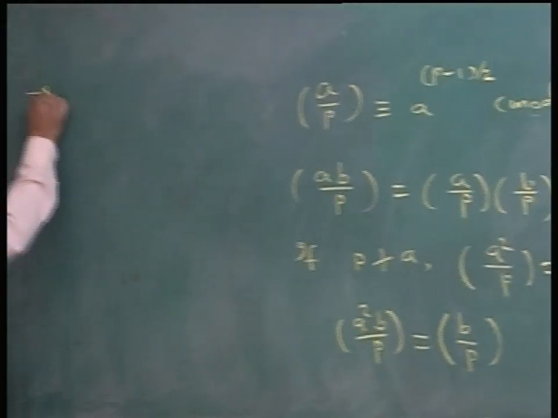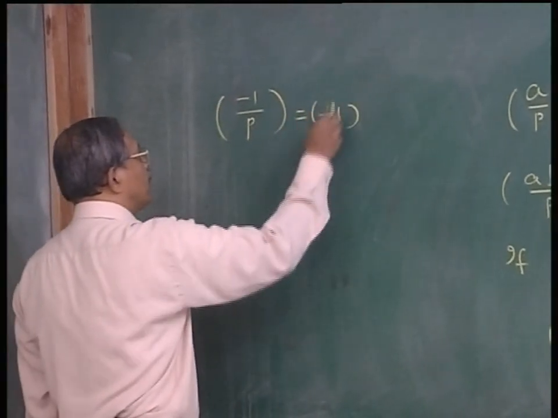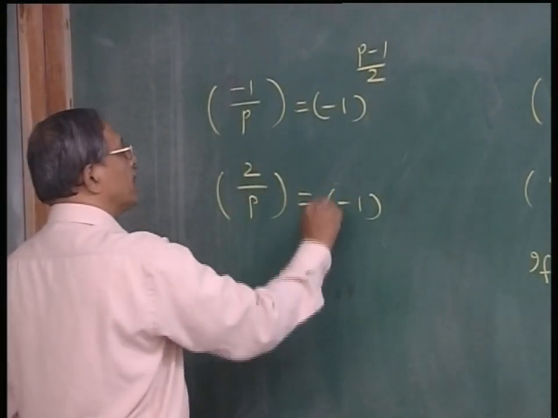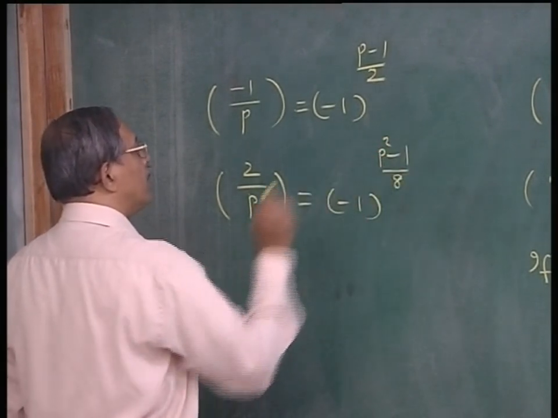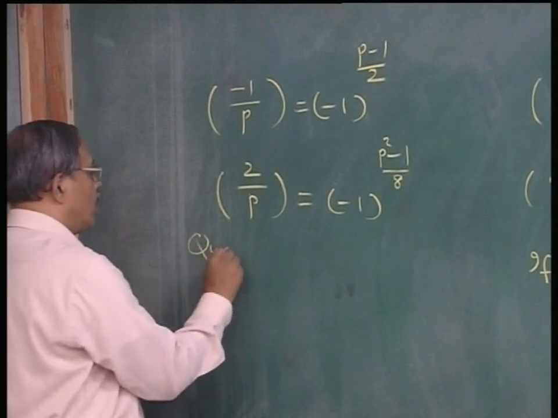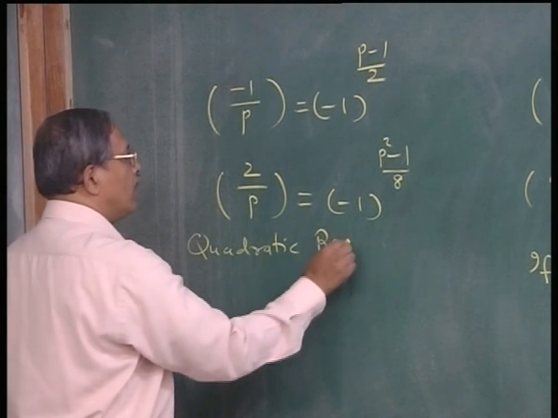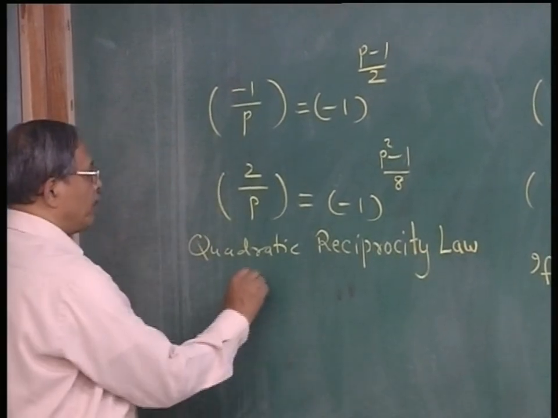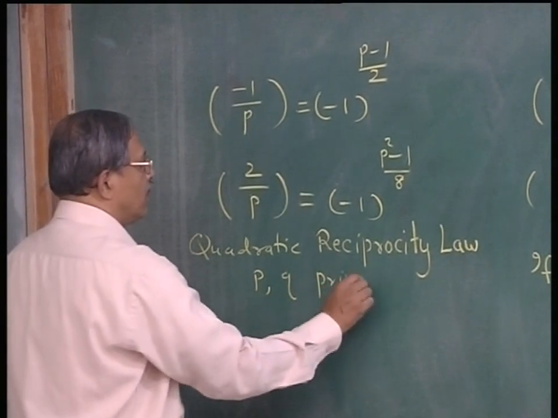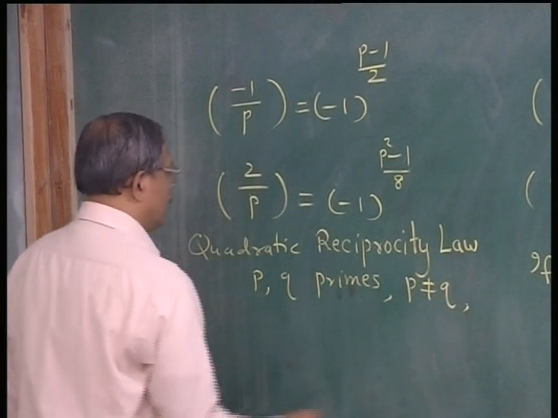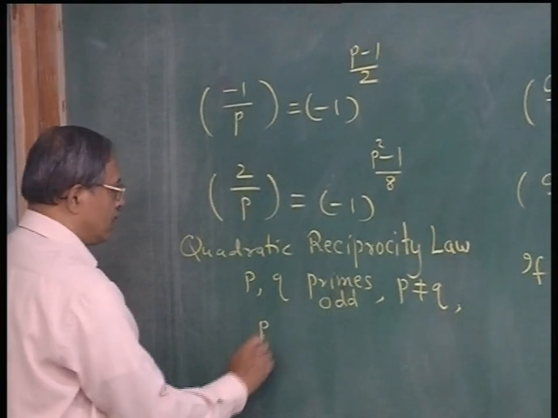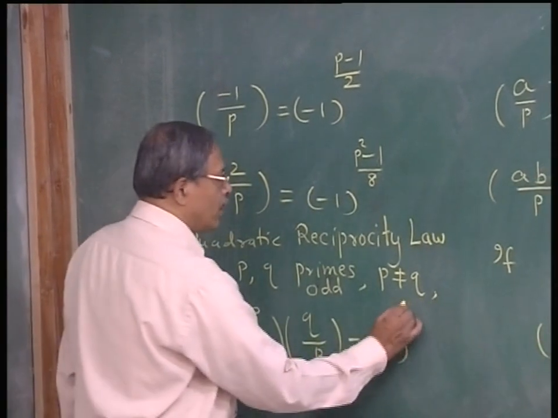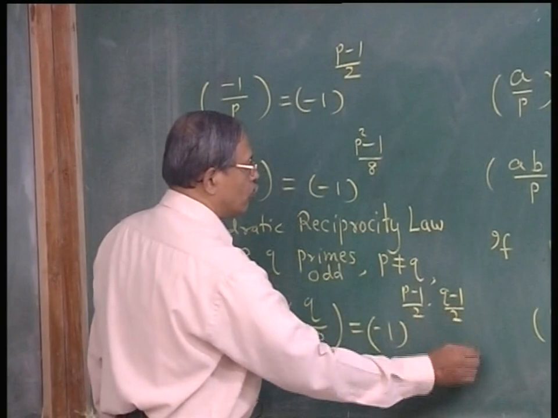Then we have properties like minus 1 by P equal to minus 1 raised to P minus 1 by 2, 2 by P equal to minus 1 raised to P square minus 1 by 8, and the quadratic reciprocity law states that if P and Q, with P not equal to Q, are odd primes, then P by Q into Q by P equal to minus 1 raised to P minus 1 by 2 into Q minus 1 by 2.